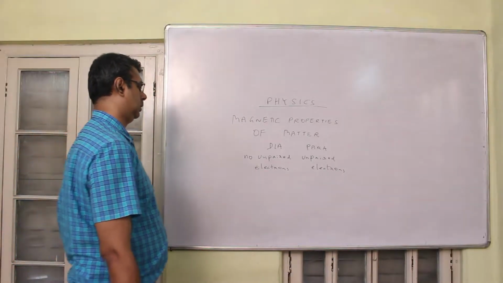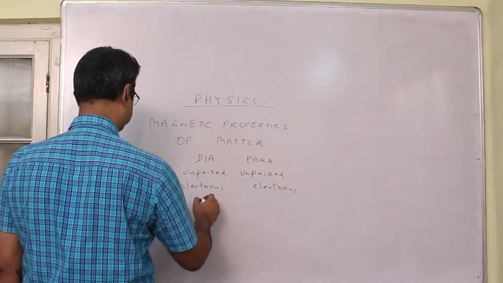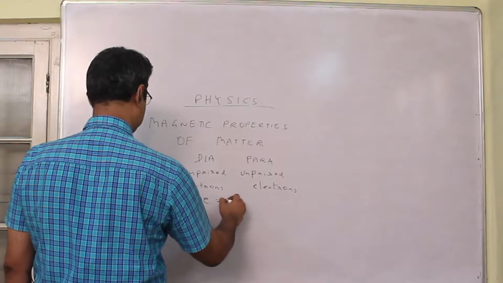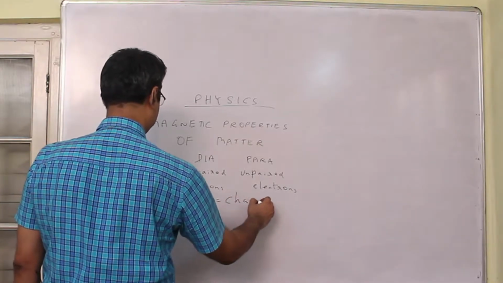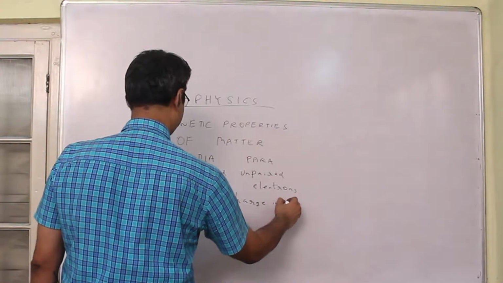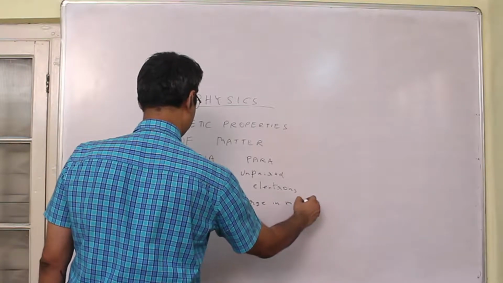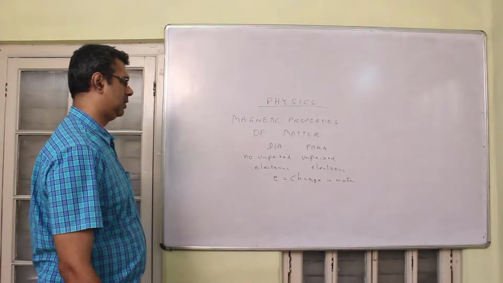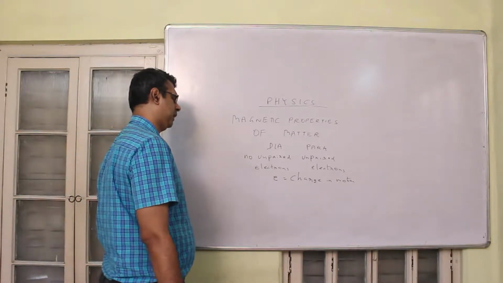Now the thing is that every electron is a charge in motion. And every moving charge has an associated magnetic field.